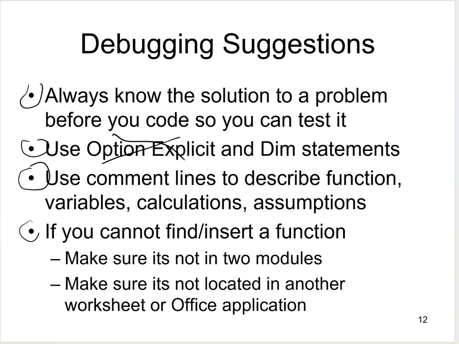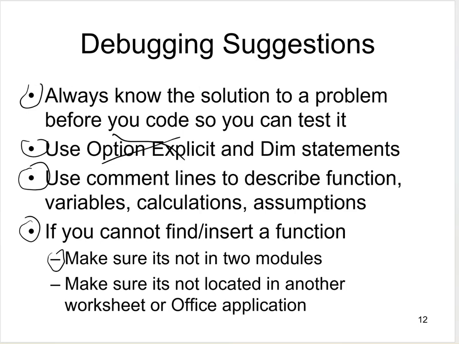If you try to write a function in Excel that you've written in VBA and it doesn't exist, there's a couple things that could be happening. One is you've actually inserted the program, the function, in 2 separate modules, or you've put it in the same module twice.